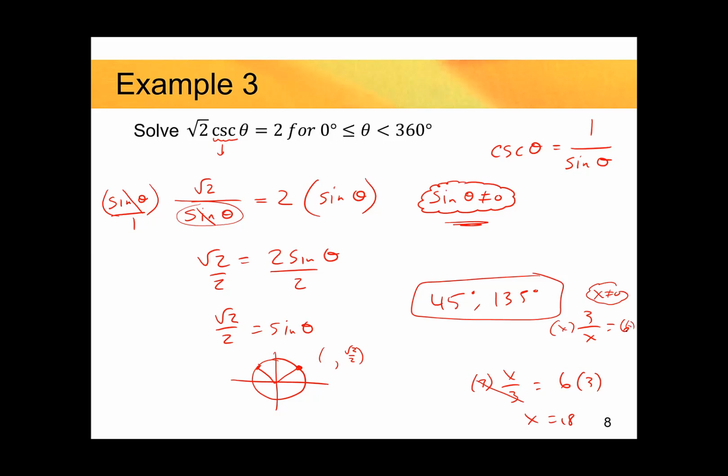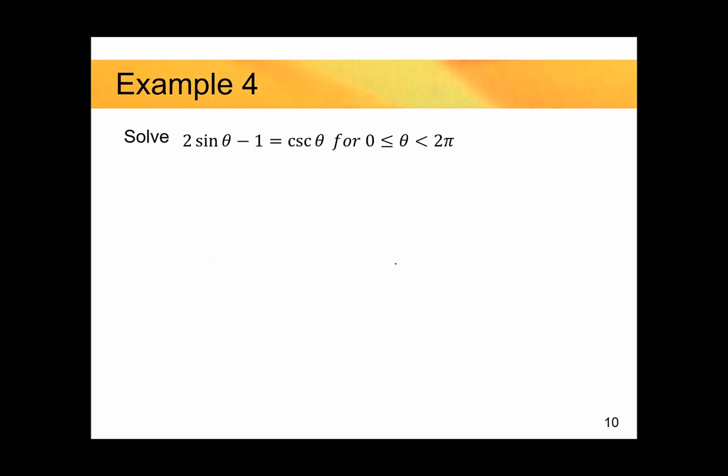We good? We do the same thing here. So whatever this is, it cannot be equal to 0. It's not part of our answer set. If we do get an answer of that being equal to 0, we drop it. Doesn't make sense. And so now we go on to number 4.